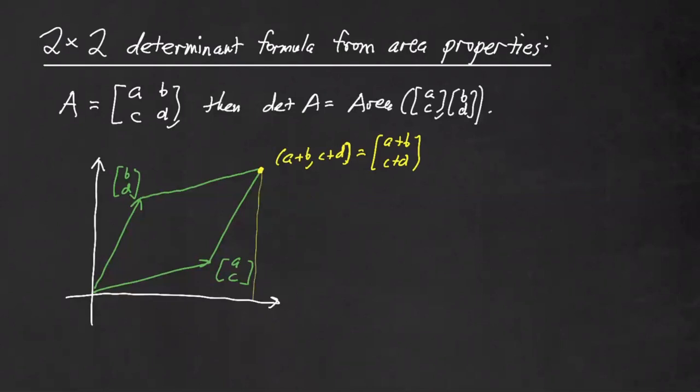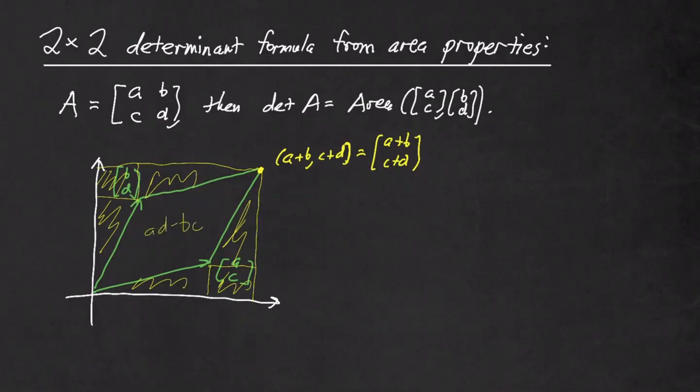You can draw the box here, and that has a certain area, and then you can break all this up into these triangles and square and rectangles. You can take the entire rectangle and subtract off all these pieces, and you can show that the area of this is AD minus BC.